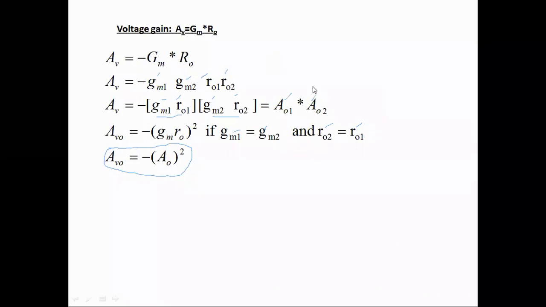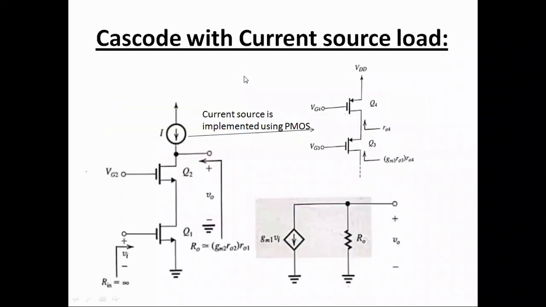Now let me move to the next one: cascode with current source load. Here current source I is connected, VDD is applied and not shown here, so this current source is implemented with PMOS. Here two transistors are below the output voltage.